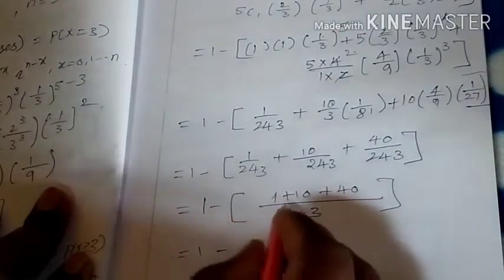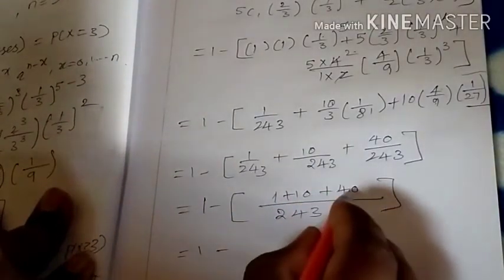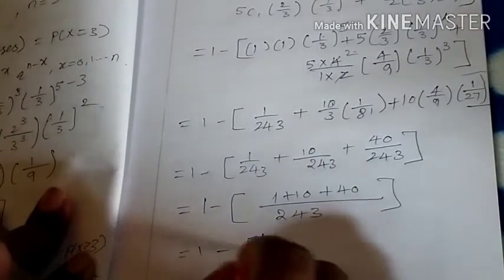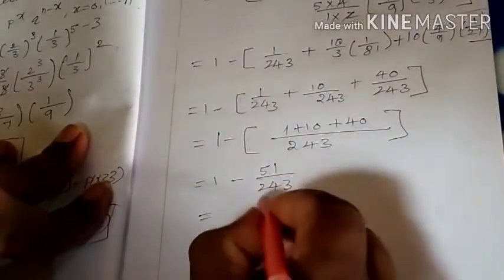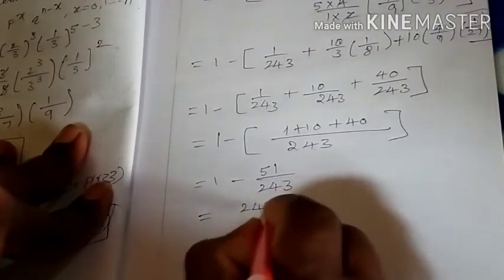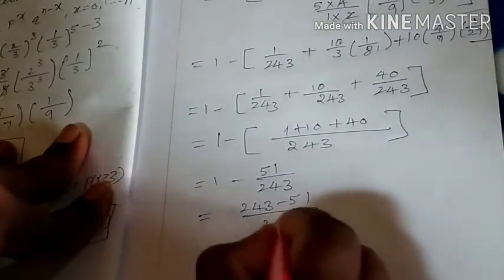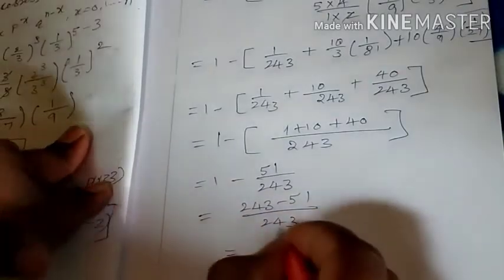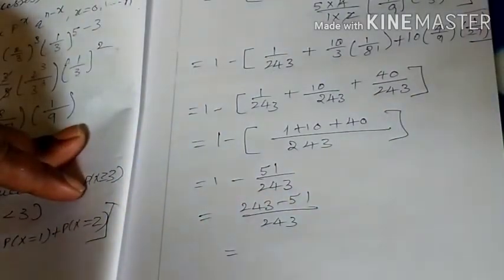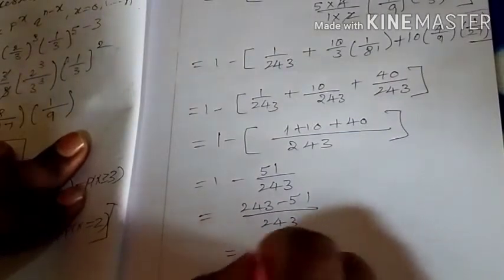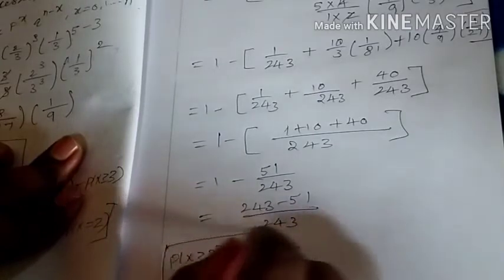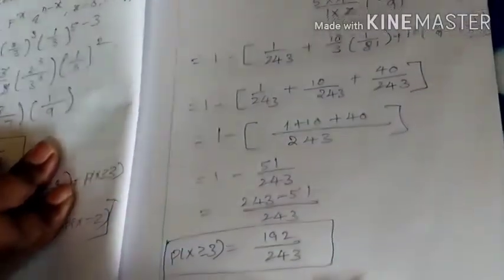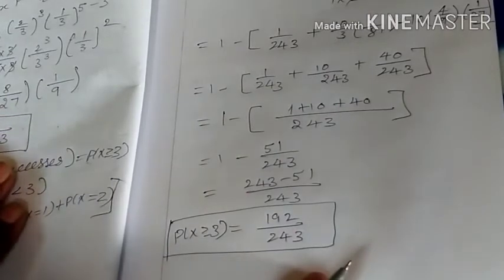It is equal to 1 minus, 1 plus 10 is 11, 11 plus 40 is 51, 51 by 243. Okay, so next using the cross multiplication to make a simplification. 1 into 243 minus 51 divided by 243, which is equal to 243 minus 51 equal to 192 divided by 243. This is the P of x greater than or equal to 3 answer. Have you understood? This is the second question answer.